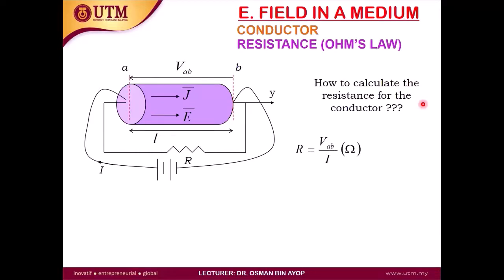Well, what we know, the resistance R is equal to VAB divided by I, potential divided by current, and the unit is ohms.